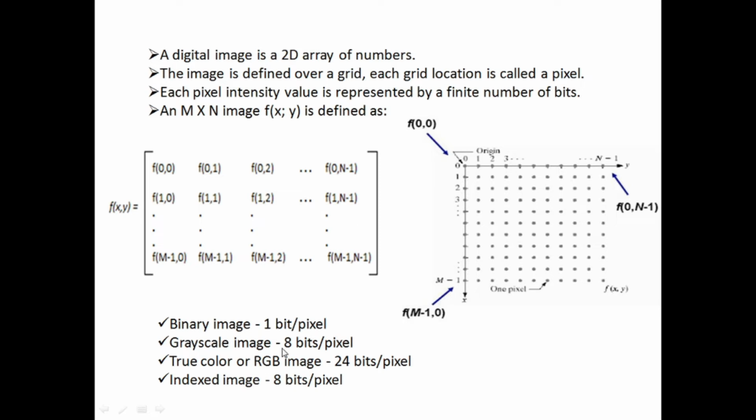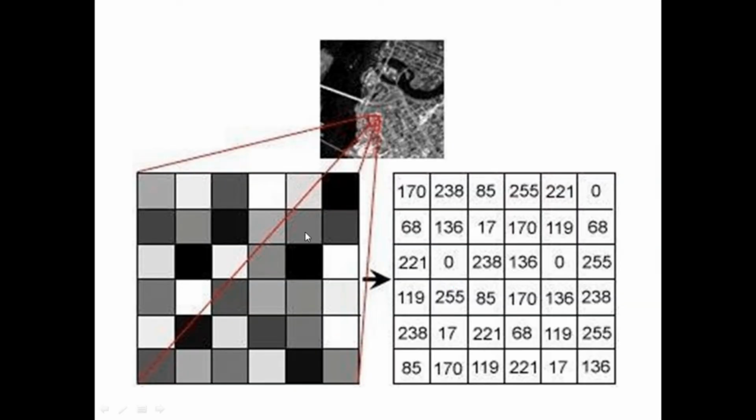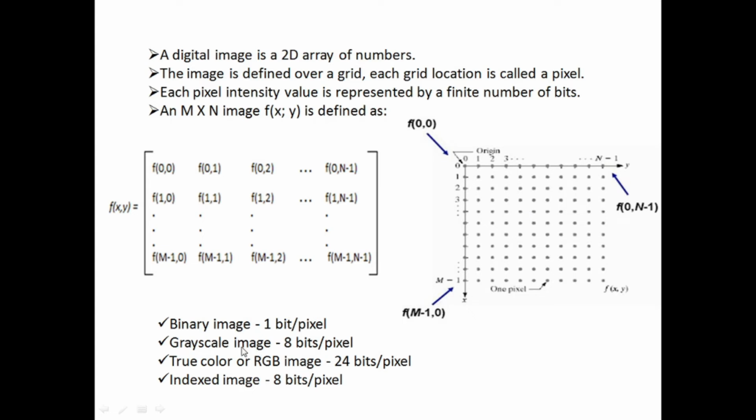Coming to the grayscale image, as I have explained, the lowest value of a grayscale image is 0 and the highest value is 255. That means 2 power of 8 gives me 256. So a grayscale image has 8 bits per pixel.